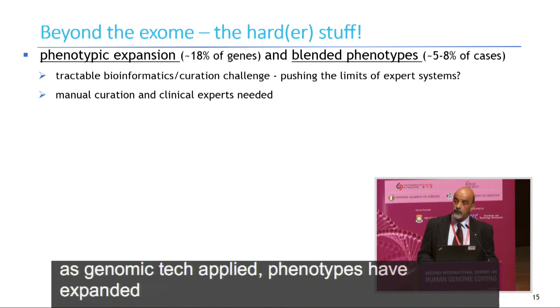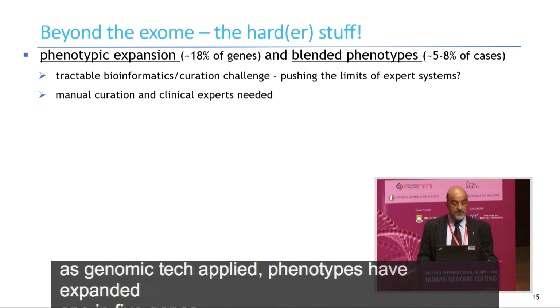And then the second thing, that perhaps is not so much of a surprise, but was initially, is that in up to 8% of cases, the phenotype is complex. It's not pure, and it turns out that those individuals have essentially 2 or more genetic disorders where the phenotypes have become blended.